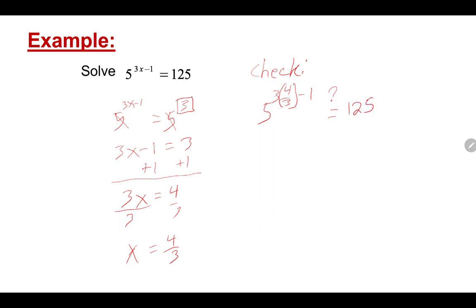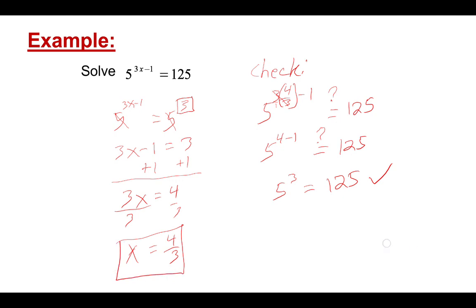Well, 3 times 4/3 is 3 over 1, and the 3's filter off, so that leaves me with 5 to the power of 4 minus 1, and again it should equal, we're hoping, we're checking if it's going to equal 125. 4 minus 1 is 3, so this is 5 cubed, which does equal 125. Check. So this answer is correct. Remember, that was just the check to see if we're right. This is the correct answer.